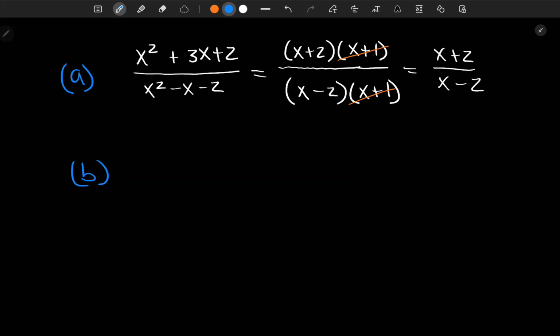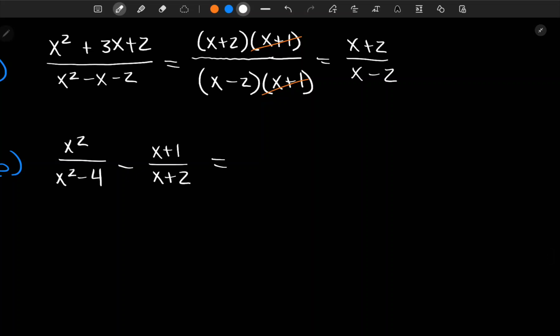Similarly, you should be able to simplify the expression x squared over x squared minus 4 minus x plus 1 over x plus 2.